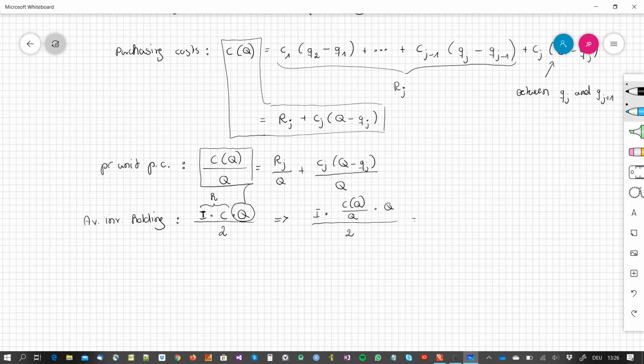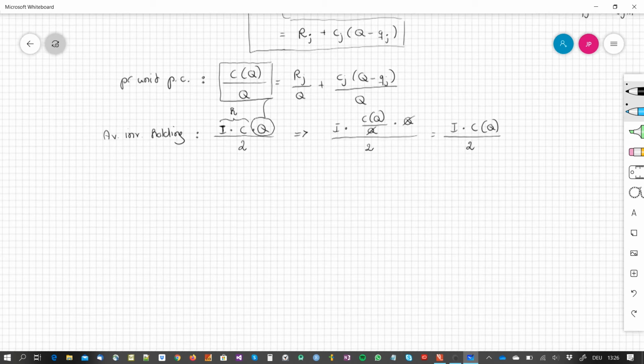And this is the average, and we can use the Q here. And then we have the following easy formula for the average inventory holding.